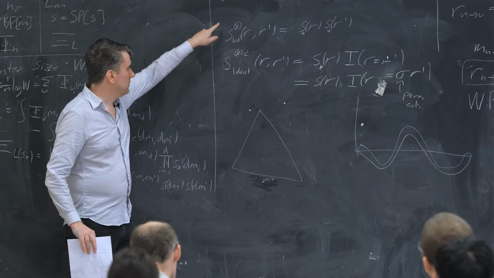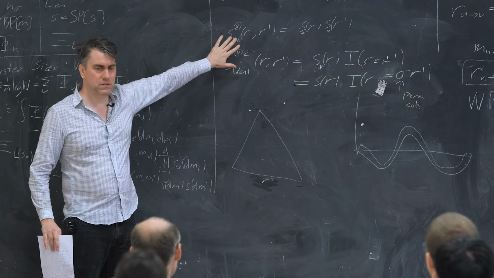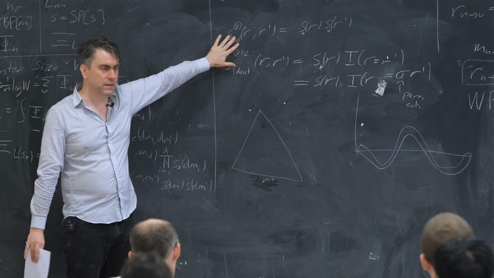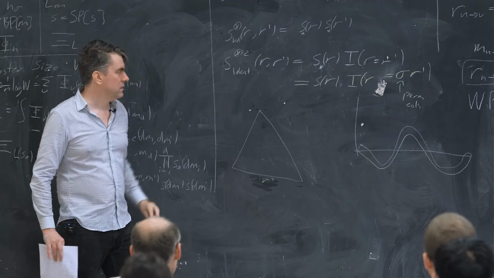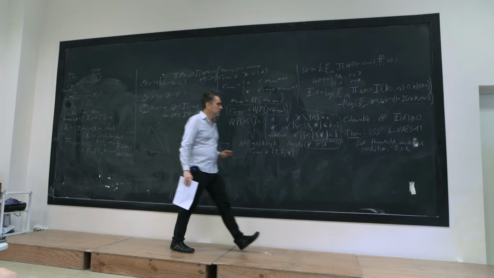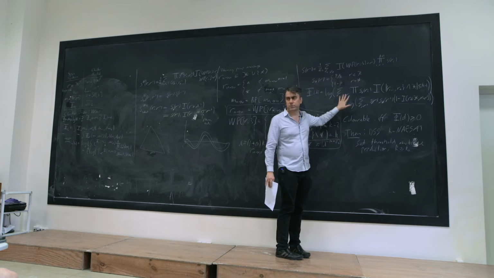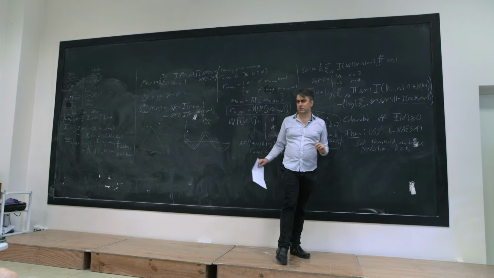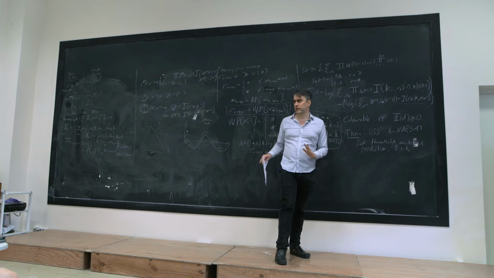And what I claim is that these are the only BP fixed points, and if you can show that, then you can prove this prediction and exactly determine the number of colorings in a random regular graph.